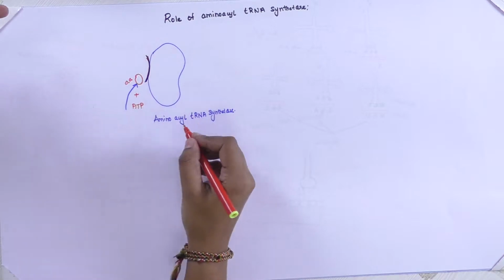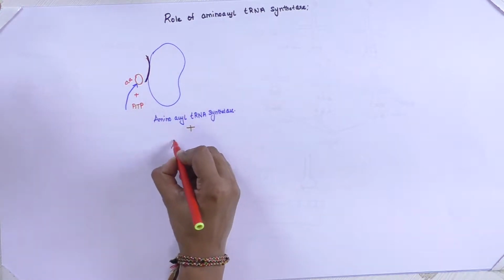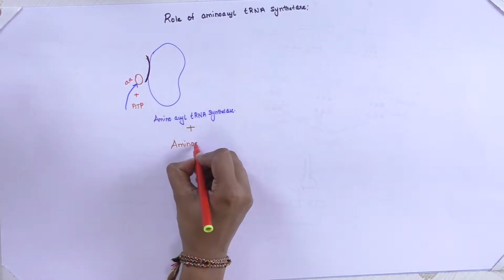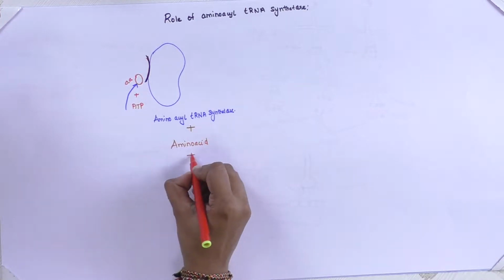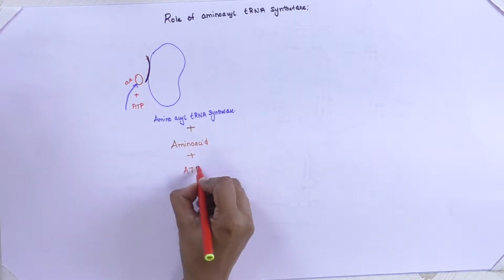So amino acid tRNA synthetase, plus you will have an amino acid plus an energy molecule, ATP.